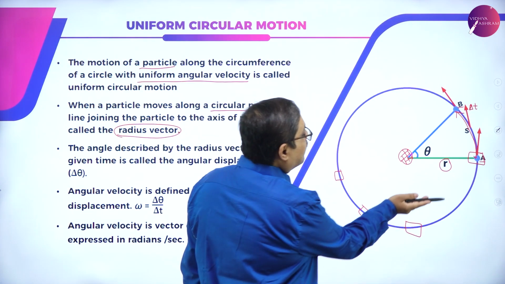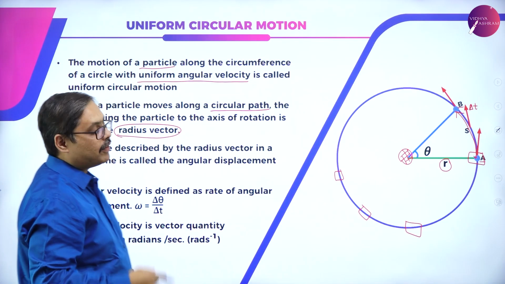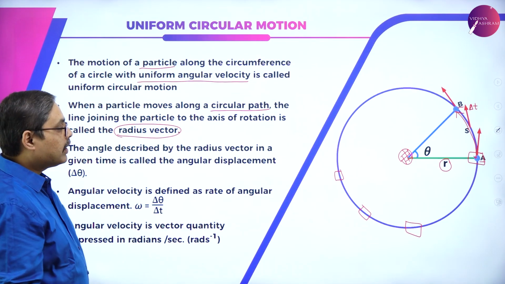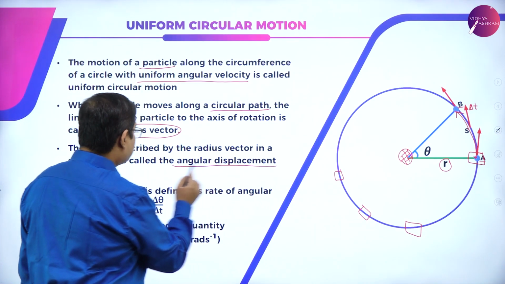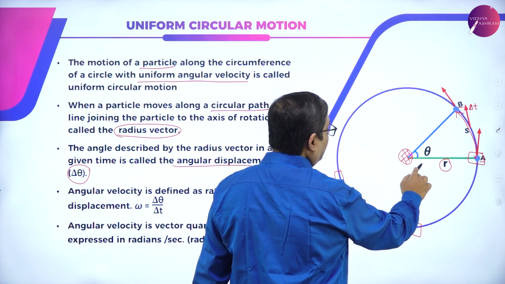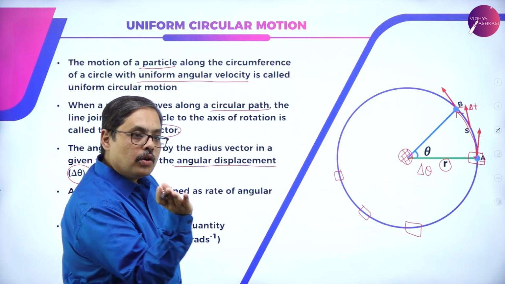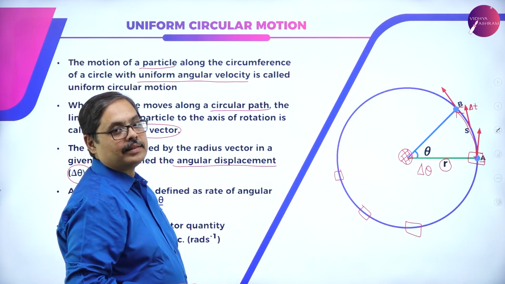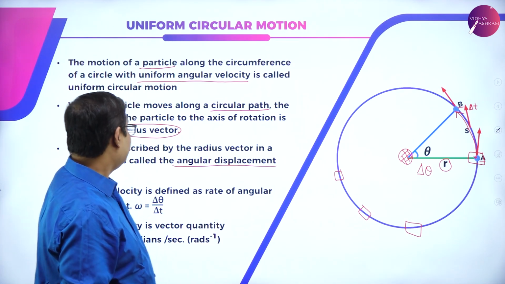Okay, so whatever is this circumferential travel that this particle has taken from point A to point B, that is described by angular displacement delta theta. So this angle can be called delta theta. For a small period of time, whatever is the angular movement of that radius line, that can be called delta theta.